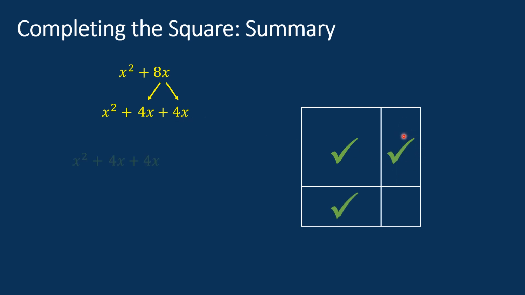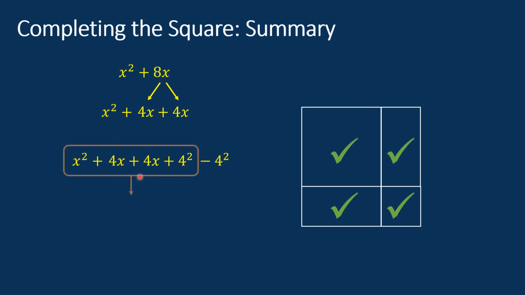After that, add a 4 squared term so that we can fill up the small square here, and at the same time subtract a 4 squared term so that the value of the expression remains the same. Lastly, put all the 4 terms into a bracket and then square it. And now the quadratic expression is in the vertex form.